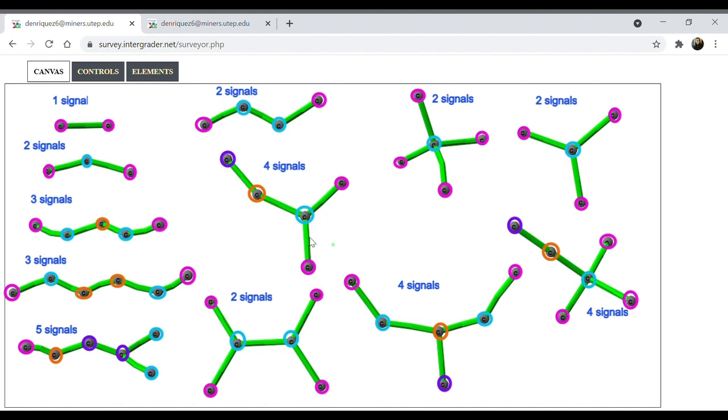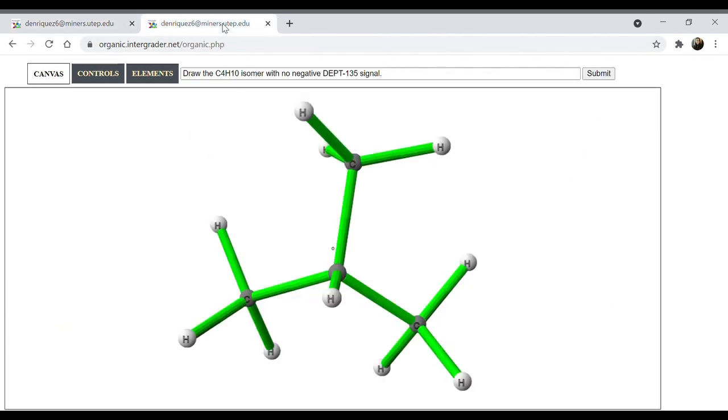Compared to this one where the pink ones, those come up as 1 signal. This comes up as 1 signal. This one is 1 and this one is 1 to equal 4. So I think I'll be referring to this during this lesson, but it did help me go through it the first time around. So let's submit that.